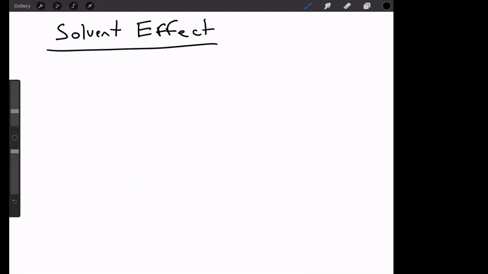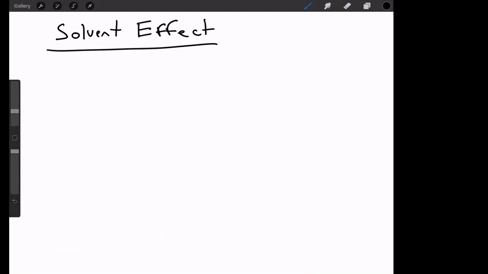Here's a little bit more of a challenging topic. How does the solvent choice affect the actual kinetics of the reaction? How does the solvent affect the rate of the reaction?